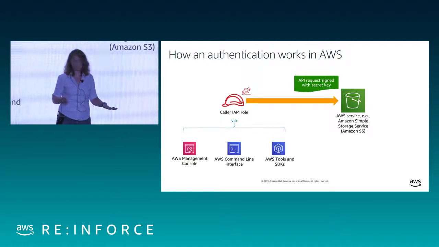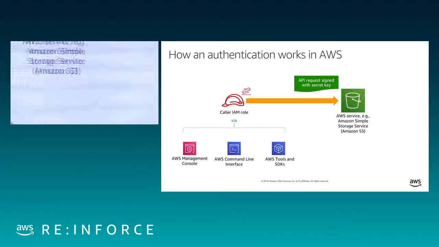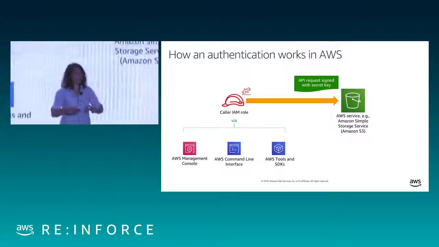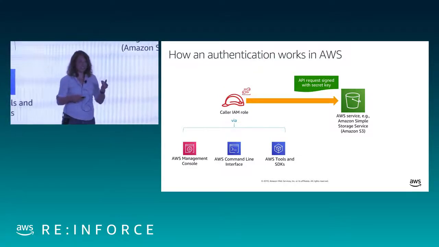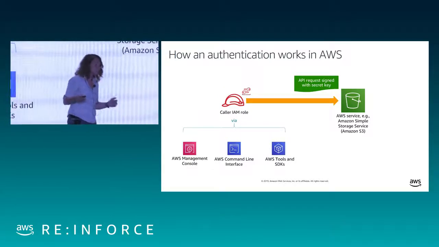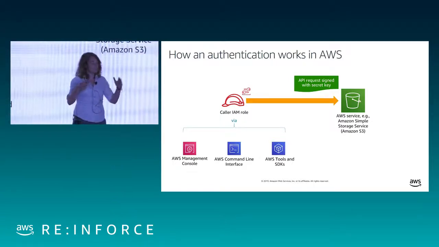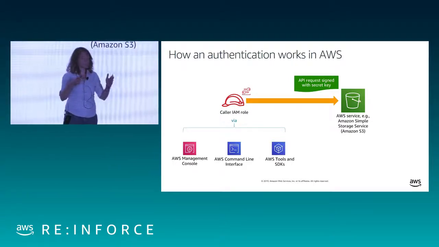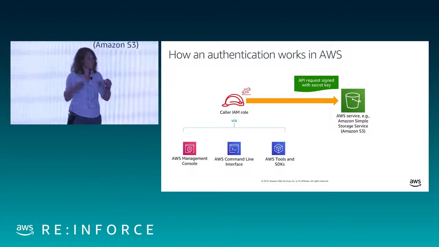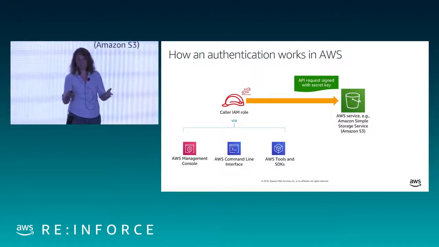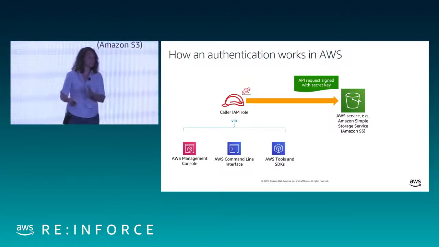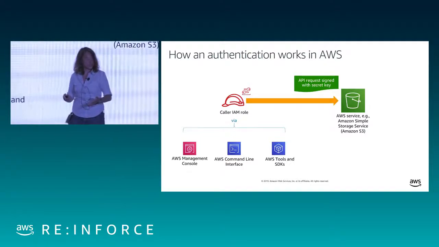All the authentication is going to be done under the hood for you. But the way this works is you have a pair of credentials, a non-secret part called the access key ID, a secret part called the secret access key, and your API call is going to be authenticated by signing the request, an HMAC signature of the request with the secret key. When you submit it to the service, the service is able to authenticate it.